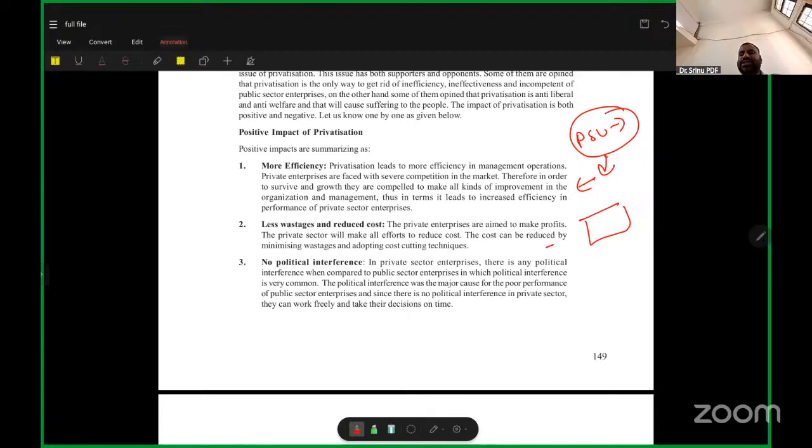The people utilize the maximum resources and give a good output, with no political interference. If it is public sector, all the political leaders can get involved and give suggestions. But in this case there is no political intervention because it is purely transferred to private parties, and they implement according to their plan. Is it clear?